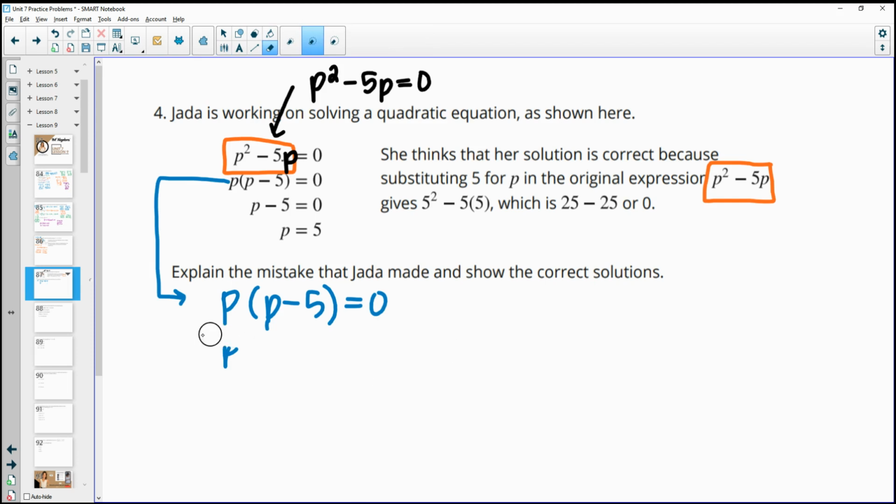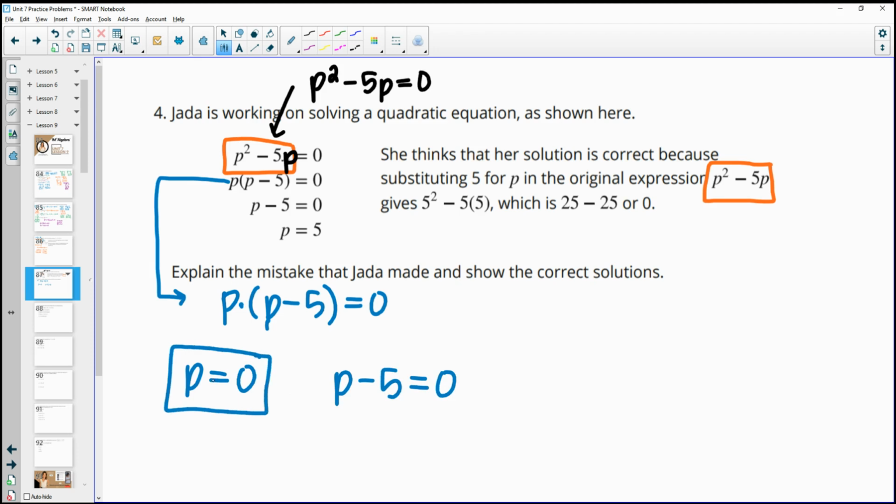Okay, so we don't want to do this because otherwise we lose a solution. So she should be doing the zero product property where she puts the first factor p equal to 0 and the second factor p minus 5 equal to 0, so that she sees that 0 will work as well as 5. So there are two solutions. You don't want to divide by a variable. Instead, you want to do zero product property.